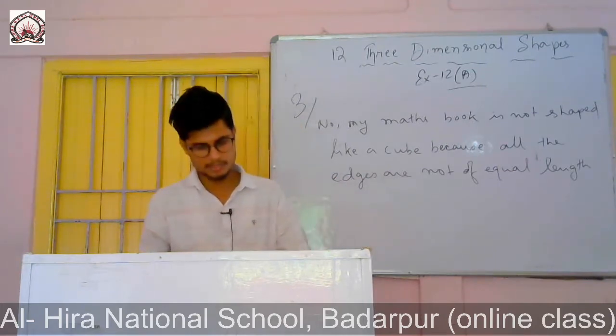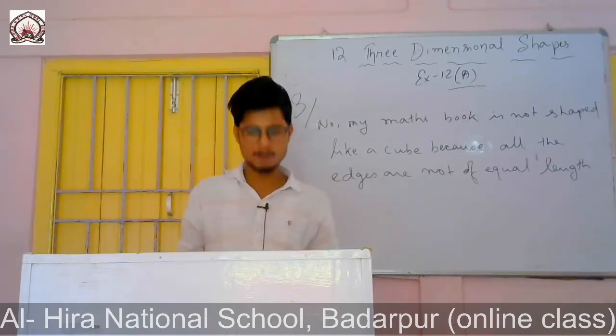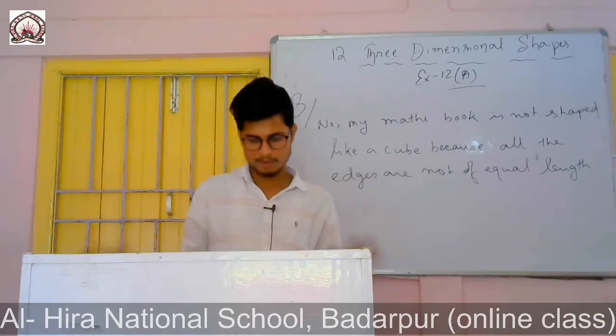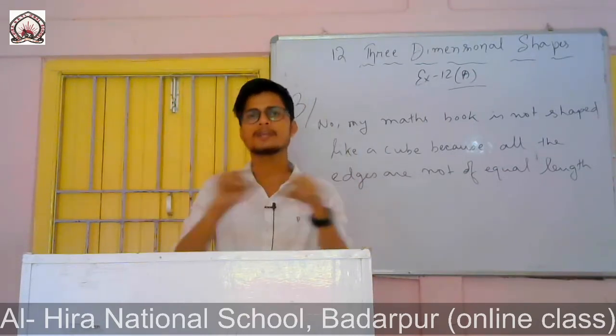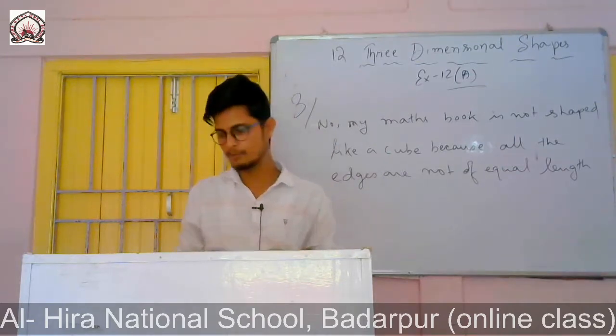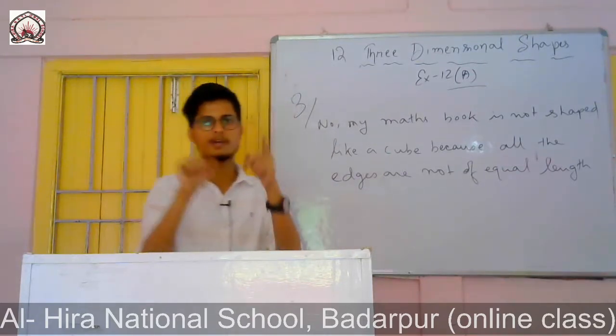Then another question is given. So what do you think of an alphabet box? So alphabet box, I don't know if you have seen or not, but its size is of a cube. There are alphabets there. It is just a cube.